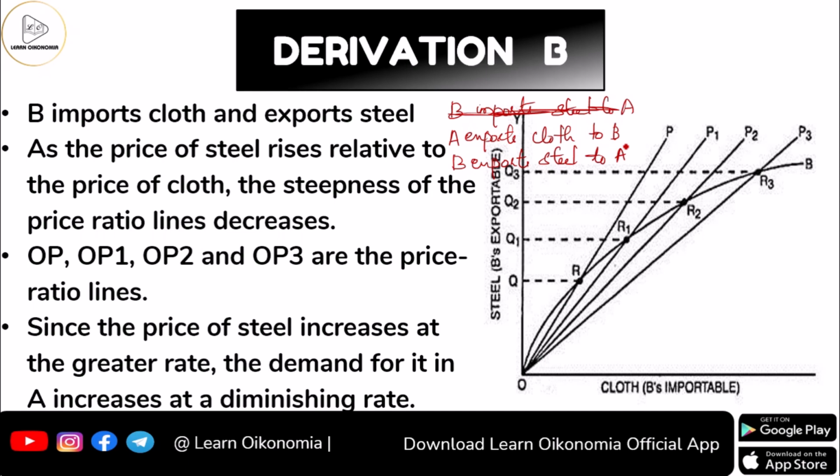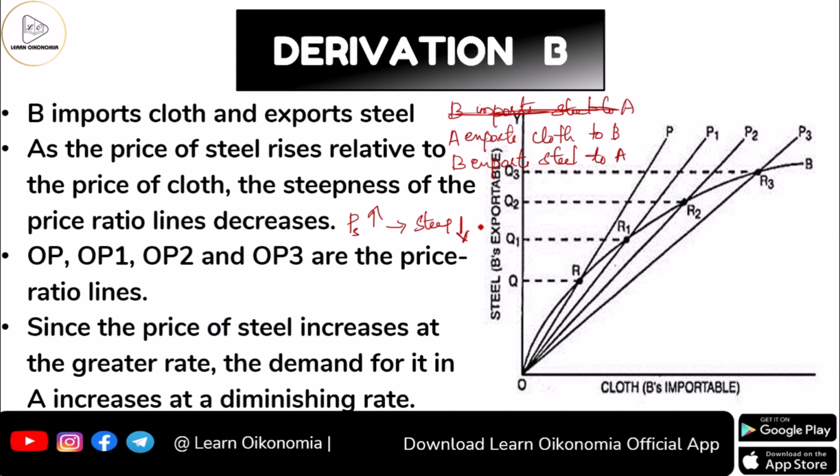So here we could see that we have to consider the price of steel, and this is relative to the price of cloth, and whenever this happens, it will be making the price ratio line have a steep slope. The steepness of the price ratio line is something that will be falling.